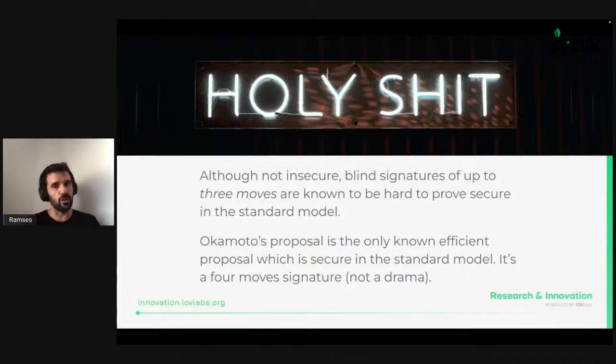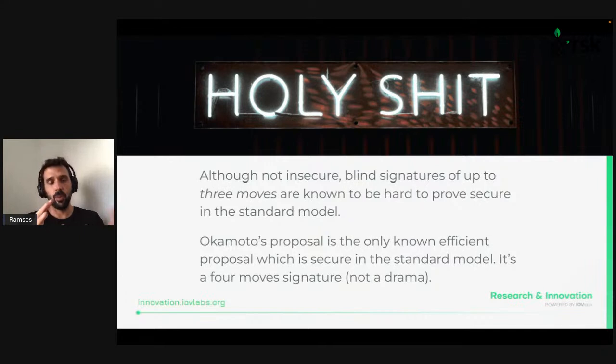Although not insecure, blind signatures of up to three moves are known to be hard to prove secure in the standard model. Does it mean that they are useless? No. It means that the standard model is the most general framework to prove that something is secure. Usually, what you prove when talking about blind signatures is that they are secure in the Oracle model, which is pretty common in cryptography.